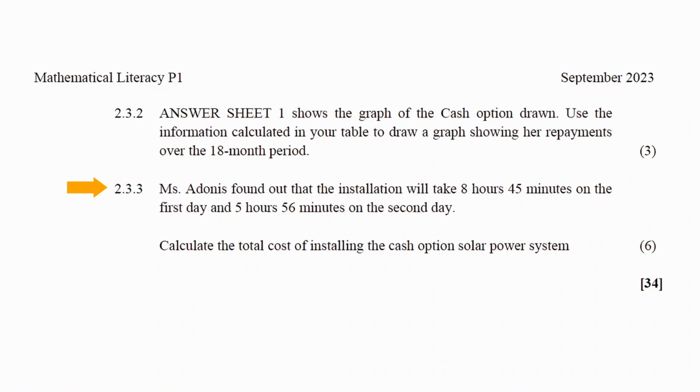Question 233 states that Mr. Donis found out that the installation will take 8 hours and 45 minutes on the first day and 5 hours and 56 minutes on the second day. You have to calculate the cost of installing the cash option solar power system.